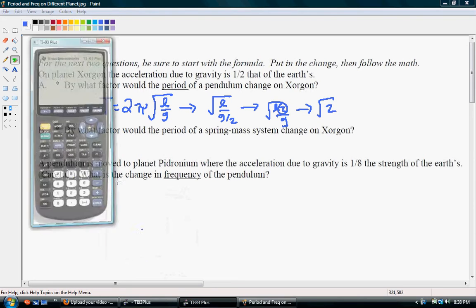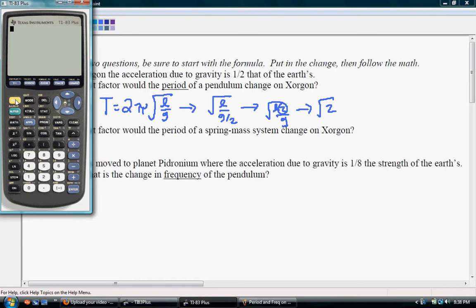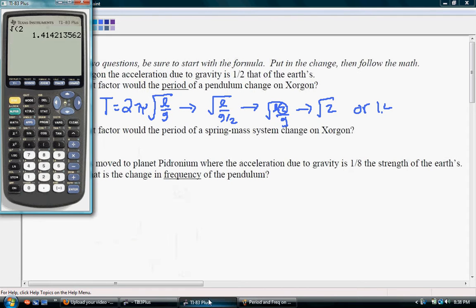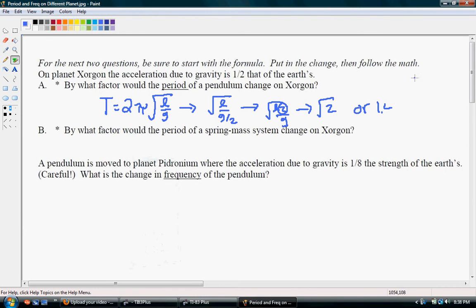Or we can plug that into our calculators, and it would be a factor of 1.41. So the period would get 1.41 times bigger.